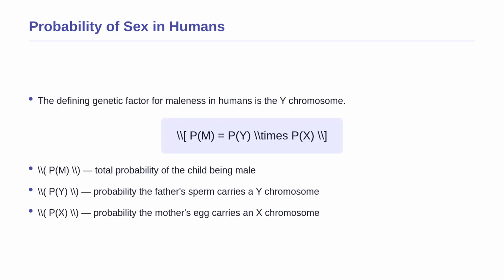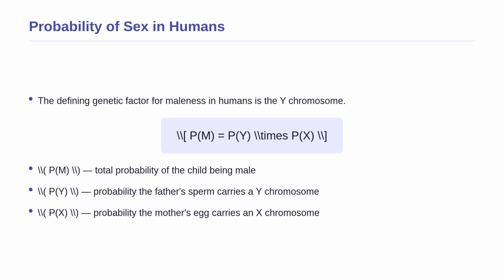Now that we understand the importance of these mechanisms, let us look at the mathematics behind human sex determination. In humans, the defining genetic factor for maleness is the presence of the Y chromosome. This formula calculates the probability of a child being biologically male. Conceptually, it comes from multiplying the independent probabilities of the gametes, the sperm and the egg.